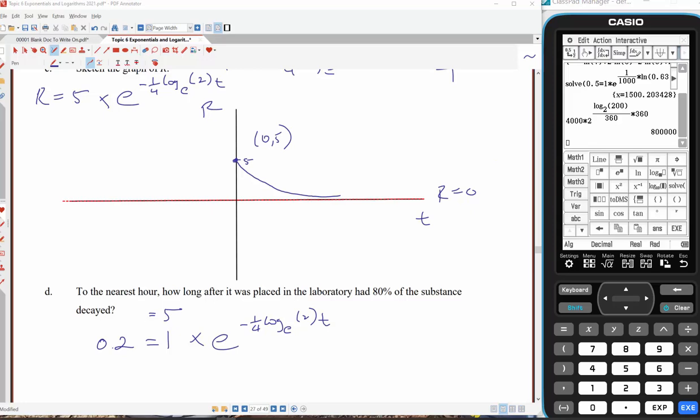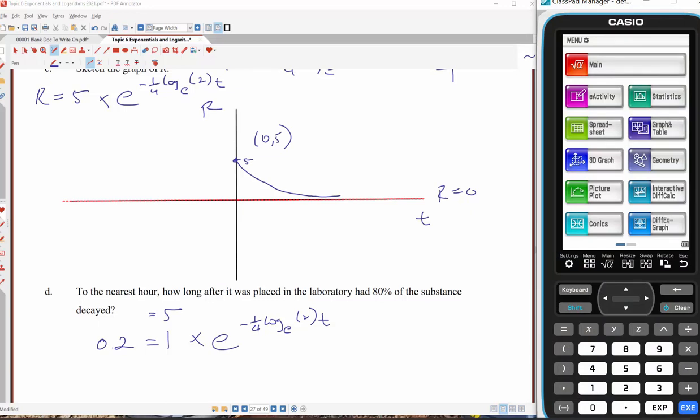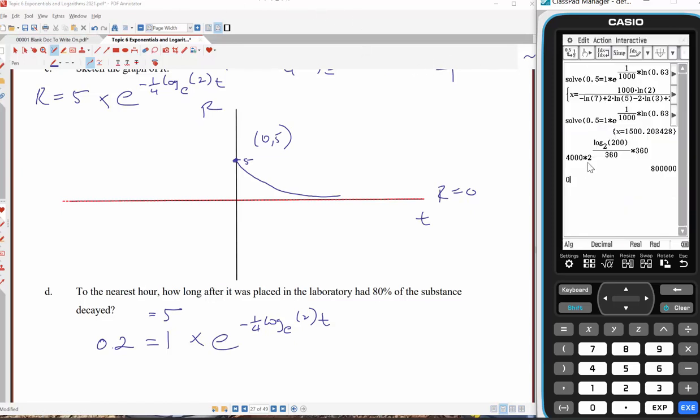Oh, the calculator's not working. Just bear with me. I've lost my cursor. Okay, sorry about that. 0.2 times 5 is 1.